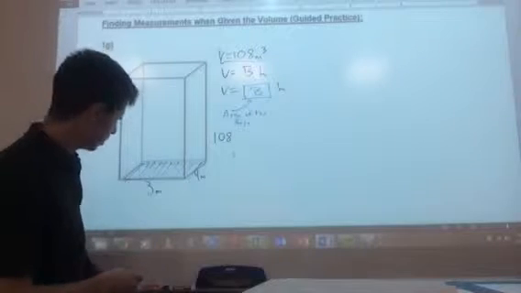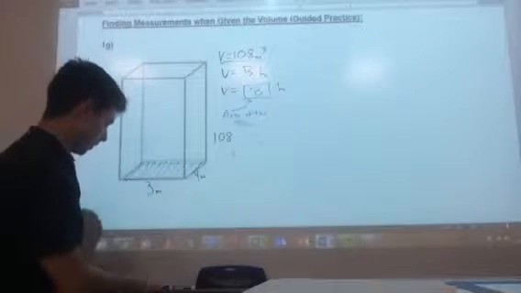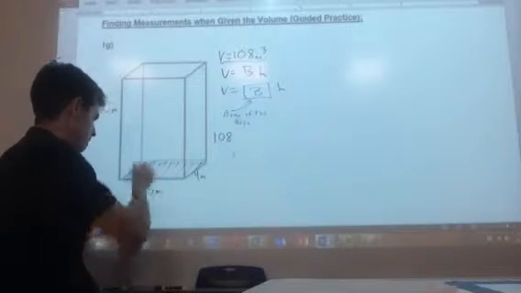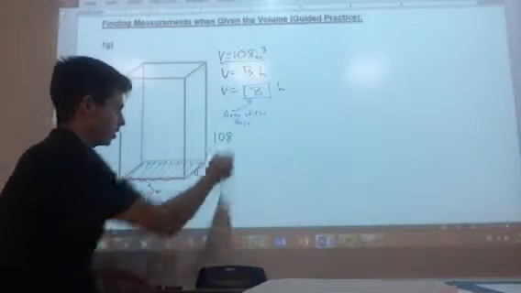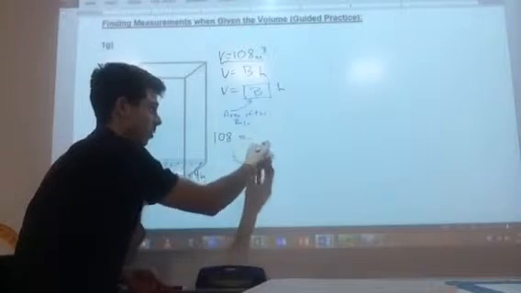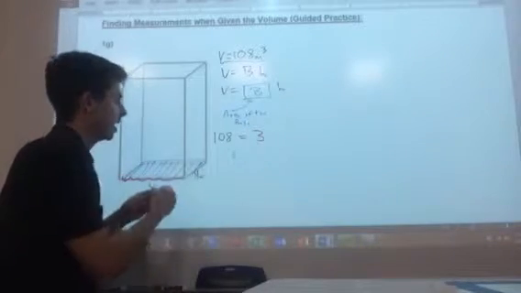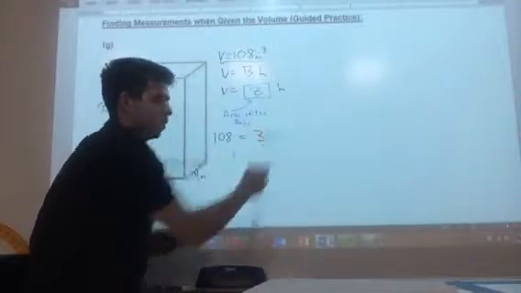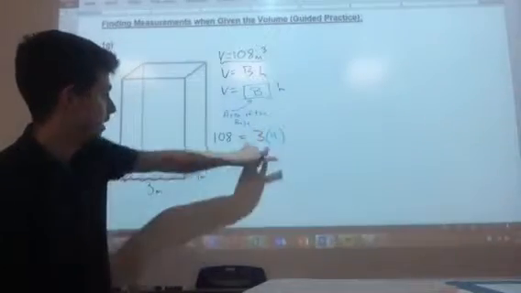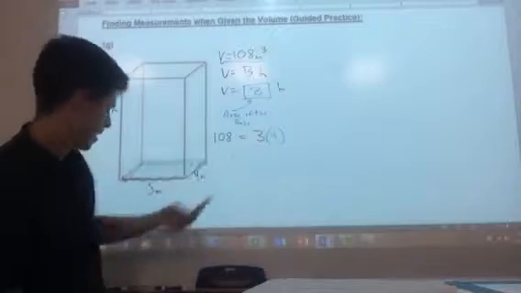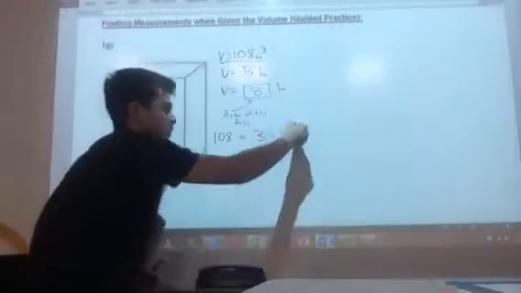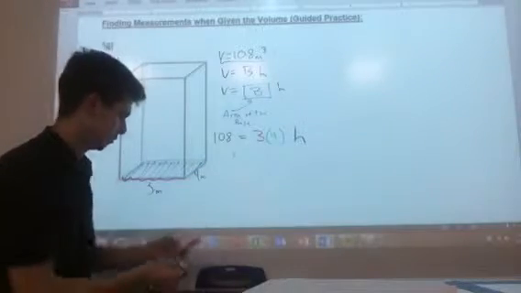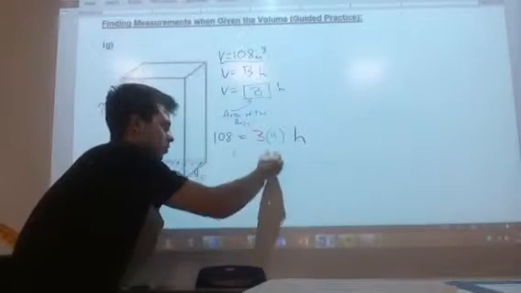The base, I don't know, but I do know that it's 3 times 4. That's going to give me the area of the base. And now, if I multiply it by the height, it would give me 108. So 3 times 4 is just going to be 12.